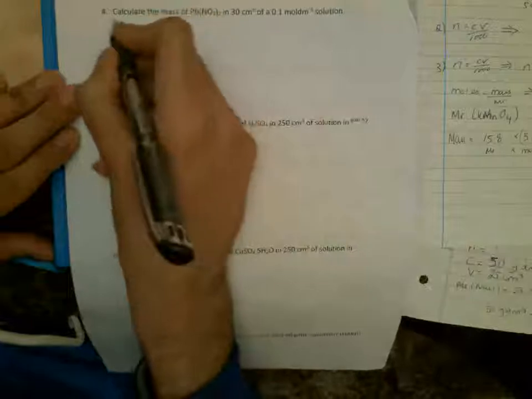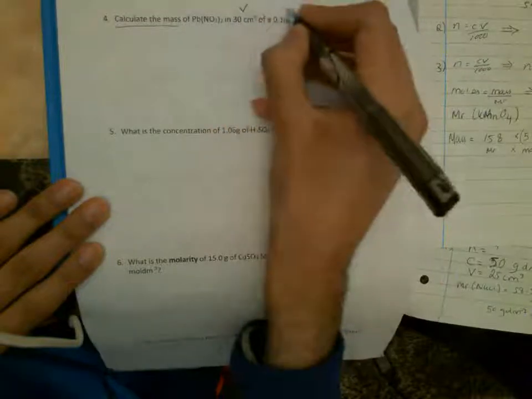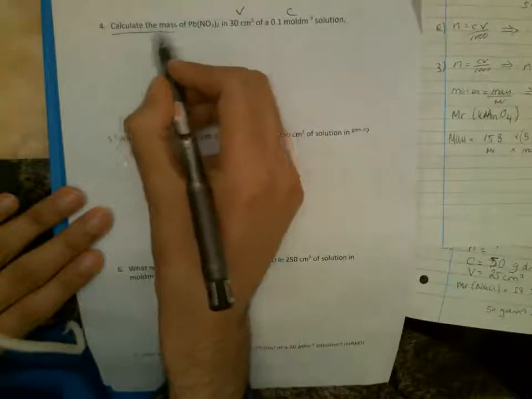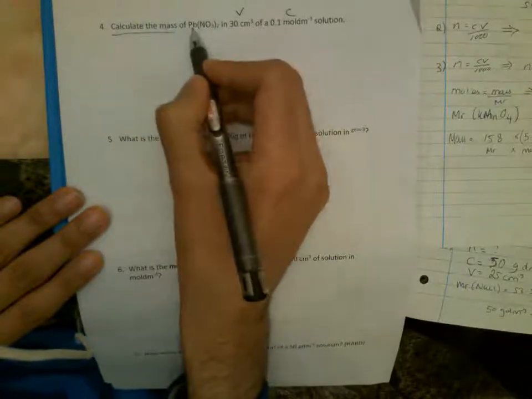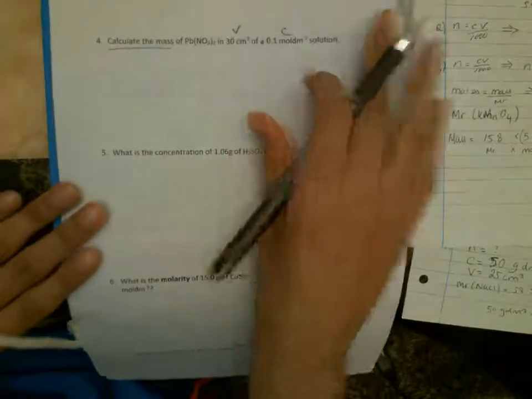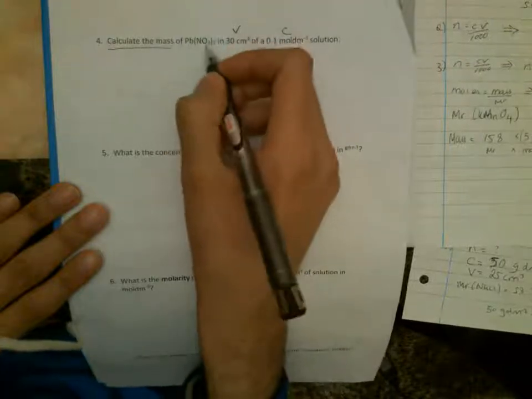So again, this is very similar to question 3. They want us to calculate the mass, but they've also given us a volume and a concentration of the solution that was formed as a result of dissolving a specific mass of lead nitrate. Another thing, guys, because you are at the start of your journey as AS chemists, you need to get familiar with a few ions.